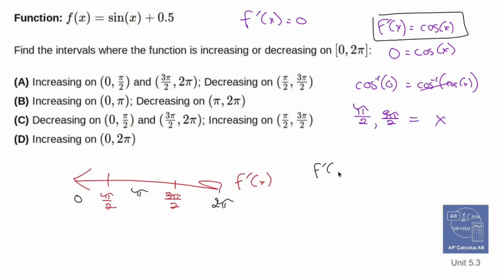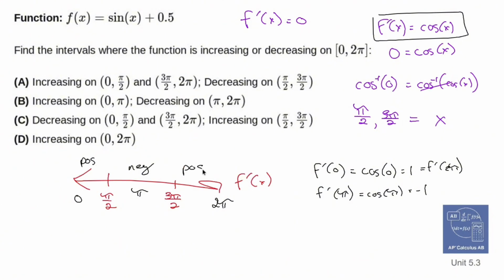So f prime of 0 is cosine of 0, which is positive 1. So you're positive. F prime of pi is cos of pi, which is negative 1, negative. F prime of 0 is the same thing as f prime of 2 pi, so you're positive. So it looks like we are increasing on 2 intervals in between 0 and 2 pi.